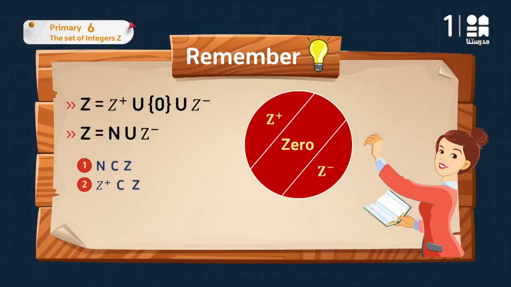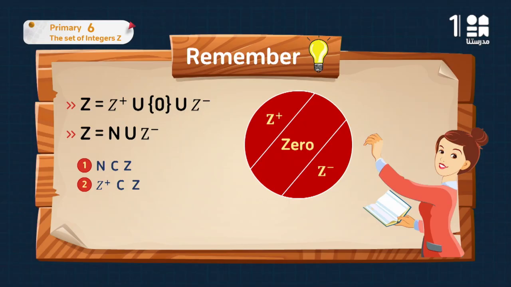So if I have the natural numbers, they are a subset of Z. Yes, N is a part of the set Z, which is the set of integers. The big Z is the whole set that has the positive, the negative, and the zero integers. So N is a part of Z, so I can say N subset Z, because both of them are sets, so I have to use subset.